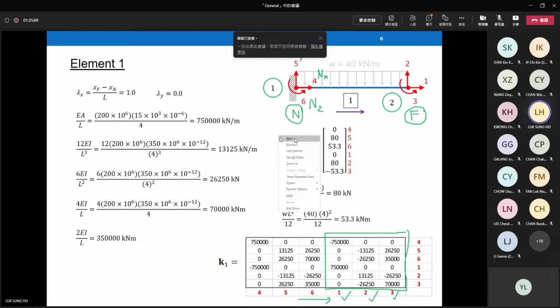At the same time, you have to find the fixed end force. Because element 1, you can see, is under UDL, 40 kN per meter. We have to use our fixed end force diagram. Did I show you the picture? No, it doesn't matter. Let me erase the picture a little bit here.